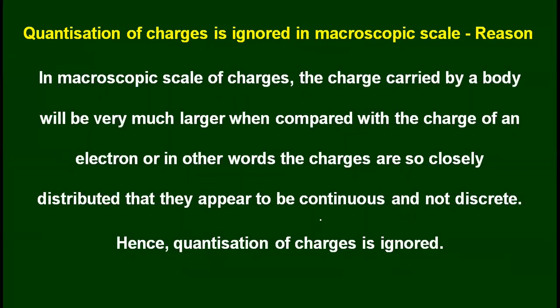So though in continuous distribution the law of quantization of charges is obeyed, since the number of electrons lost or gained is so large in number, we can ignore it. So hence, quantization of charges can be ignored. I hope you have understood why quantization of charges is ignored in macroscopic scale.